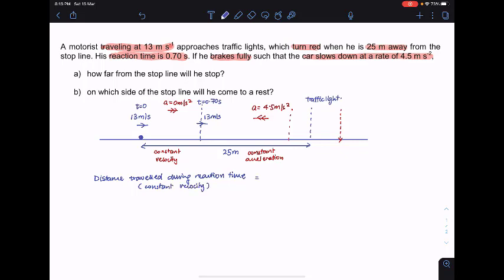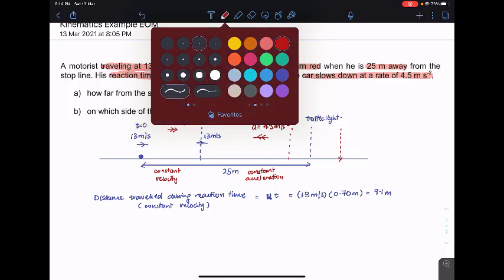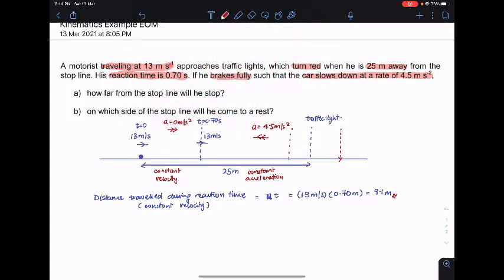So simply to find the distance traveled, we just take the speed times the time, and the speed itself, so it's just v times t, okay, or I'm just going to call it u times t, and it is 13 meter per second multiplied by the time taken, which is 0.70 seconds, and that will give me 9.1 meters, okay. So you put this into a calculator, you get 9.1 meters.